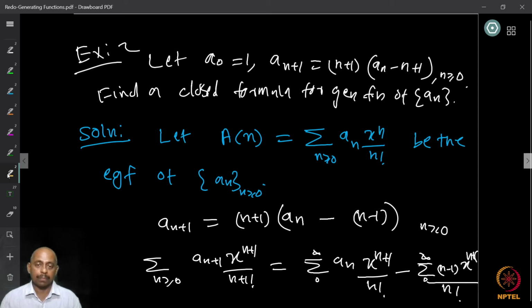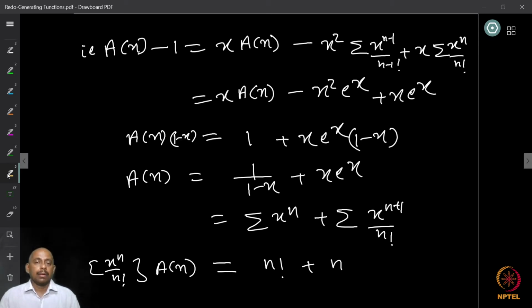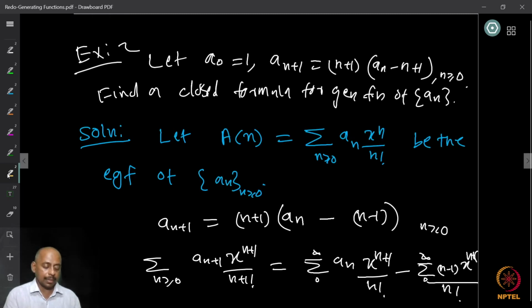Now we can write the left-hand side. The first term is missing, therefore it is A(x) minus 1, where the first term a_0 is 1. Similarly, from the right-hand side, you take one x outside, and it is a_n x^n by n factorial, which is again A(x). So therefore I have x times A(x).